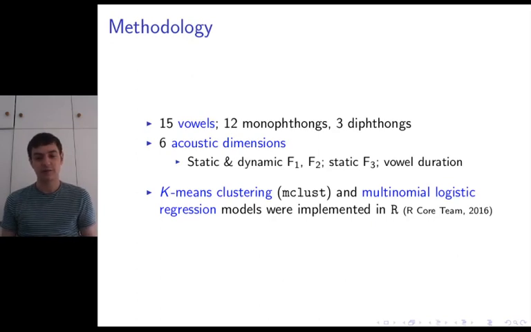As I've mentioned briefly, these were both the first 2 formants at the midpoint of each vowel, and also the change in each of those through the vowel's duration, a static measure of the third formant, and a measure of vowel duration. I used both k-means clustering and multinomial logistic regressions in order to explore the statistical regularities within these large datasets. Both of these models were implemented in R.